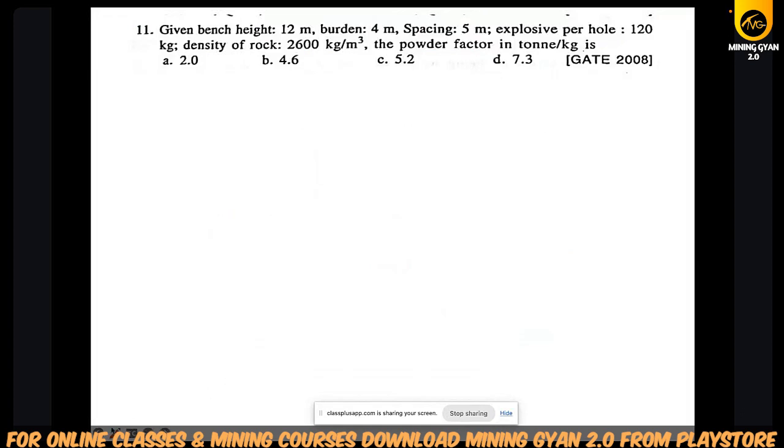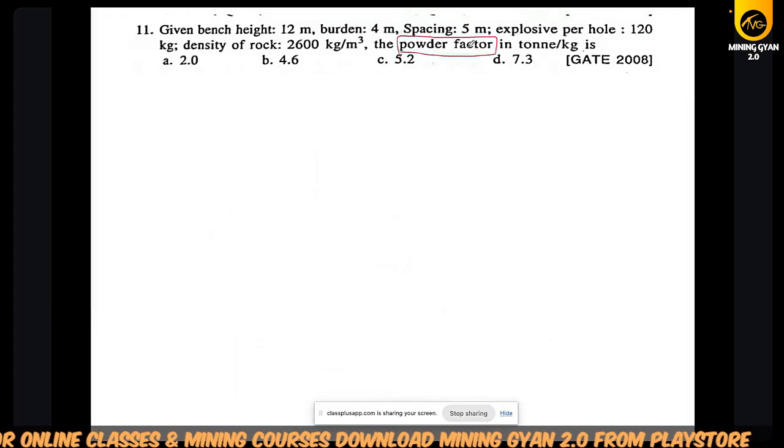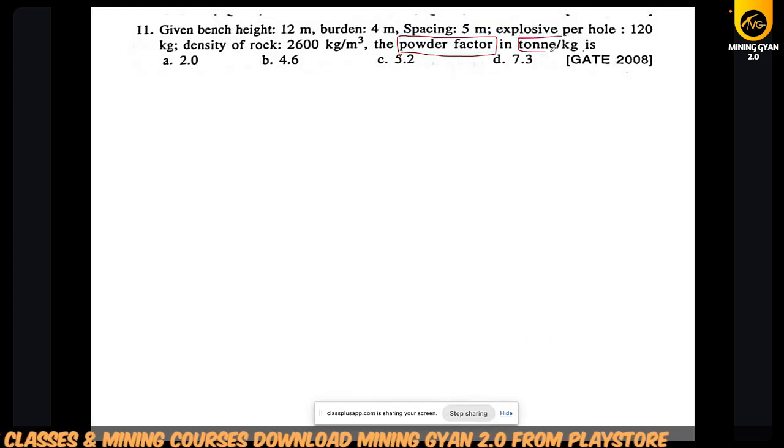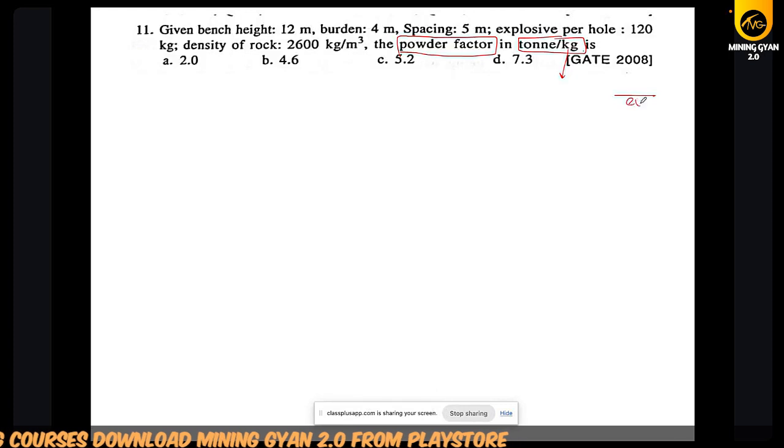In this question, we have to find out the powder factor. But in which unit, ton per kg, that means explosive will be below, and OB will be upper side. Weight of the rock will be upper side.